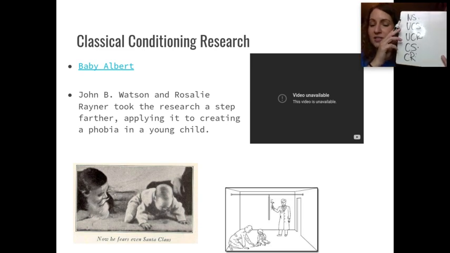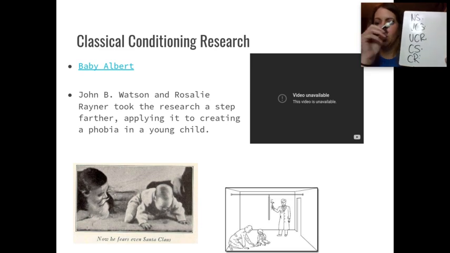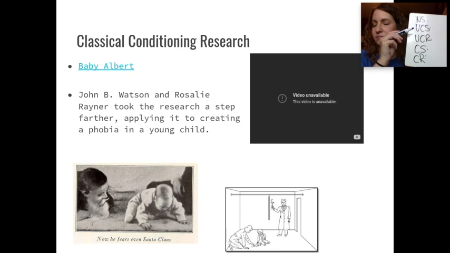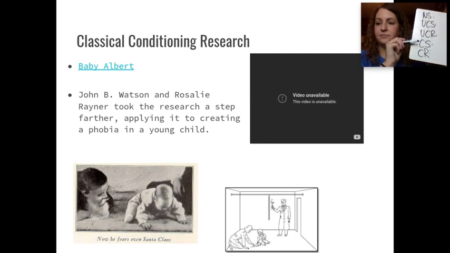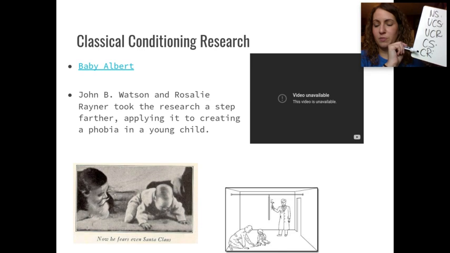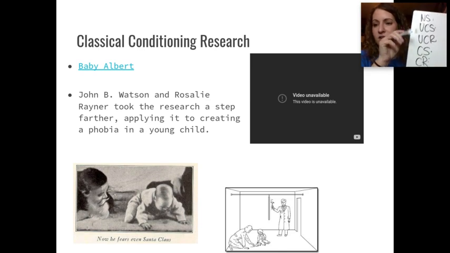What's the neutral stimulus that before the experiment, the baby had no reaction to? What is the natural stimulus, the natural response to that stimulus, the learned stimulus, and the learned response? So there's 5 things.